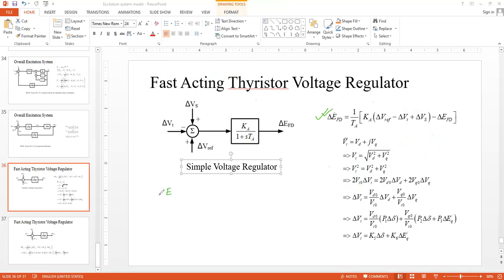The output is del EFD, and the input is del VREF minus del VT plus del VS, and that equals KA over 1 plus ST. Once again, if you cross multiply and simplify, finally you should reach here. So this is the single state variable resulting from the simple voltage regulator exciter block of IEEE ST1A.